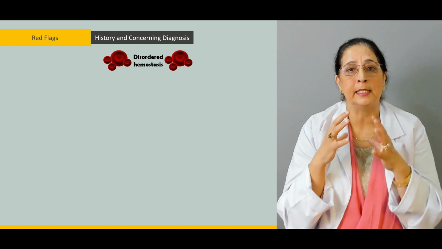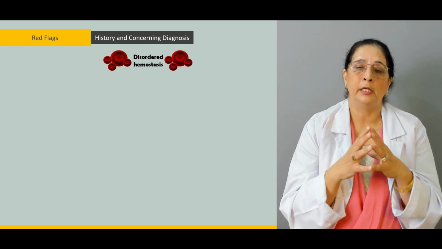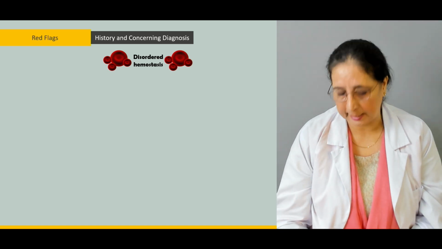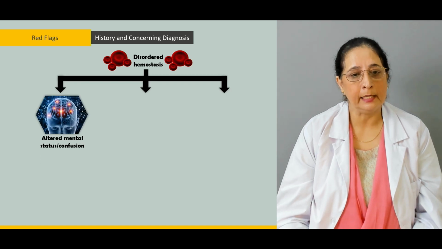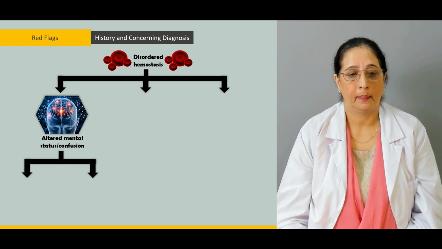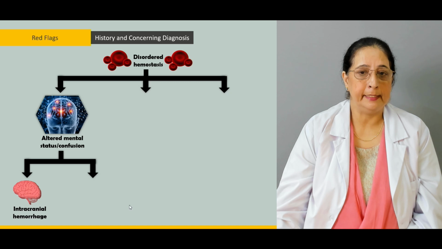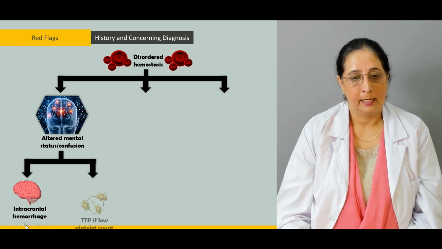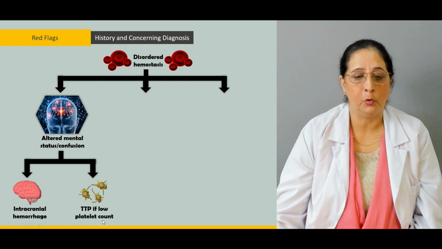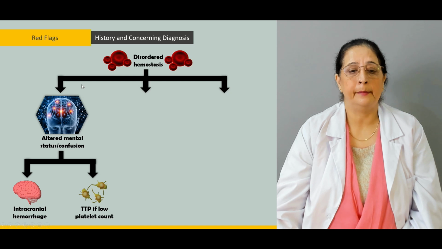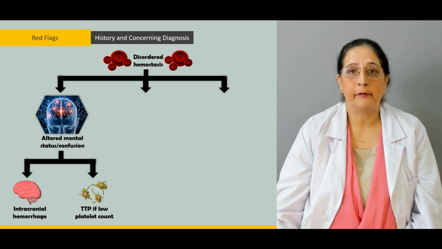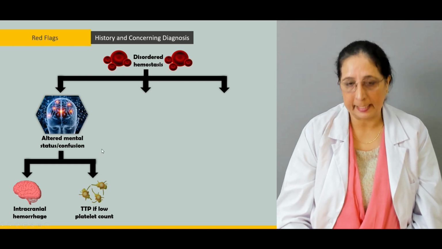Any abnormality at any step of those hemostasis steps can cause disordered hemostasis, like altered mental status, confusion, intracranial hemorrhage, and thrombotic thrombocytopenic purpura if low platelet count. So patients who have altered mental status may have intracranial hemorrhage or a low platelet count.